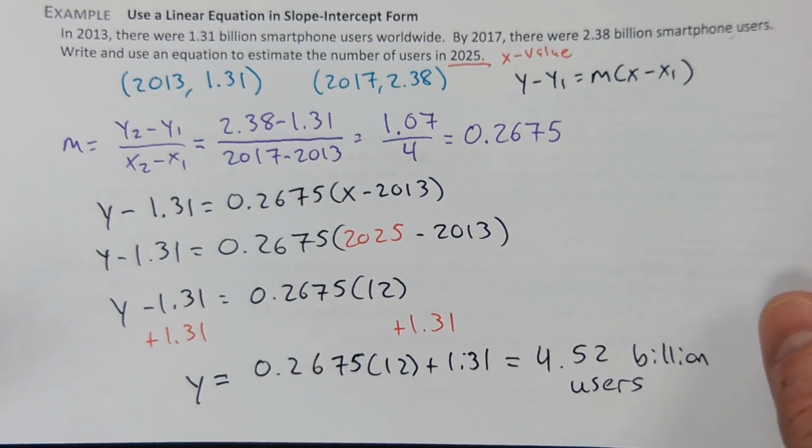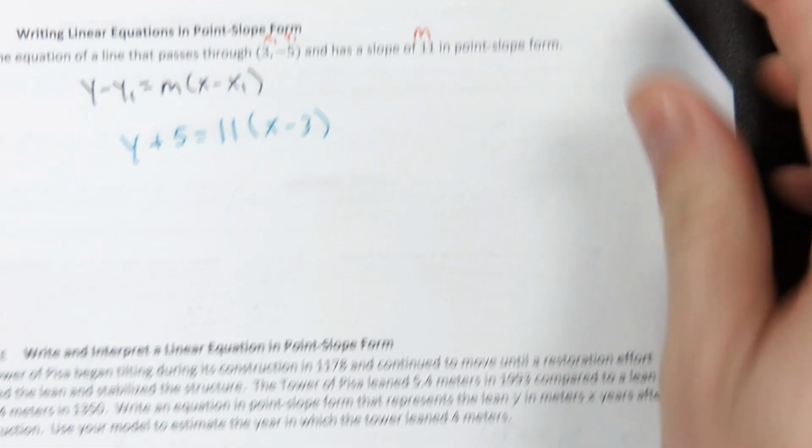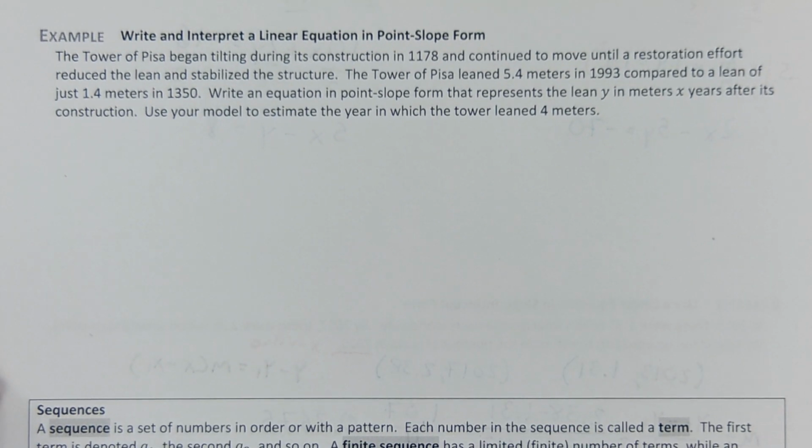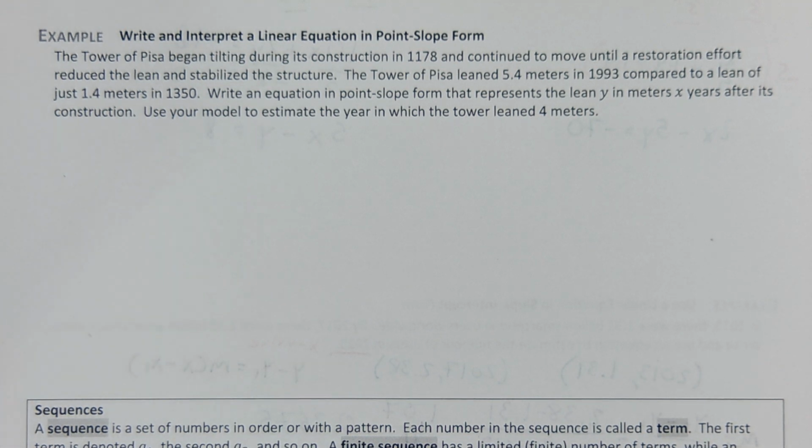Alrighty, well then we'll go on to the next word problem, because everybody likes word problems. The Tower of Pisa began tilting during its construction in the year 1178 and continued to move until a restoration effort reduced the lean and stabilized the structure.